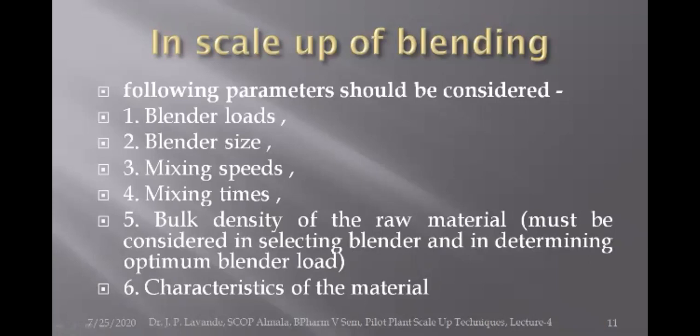These are the characteristics of the material, the basic inbuilt fundamental properties, which play an important role in the selection of a particular blender and in the consideration during scaling up.